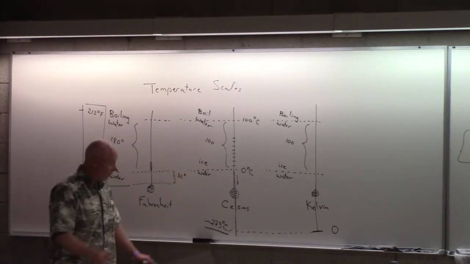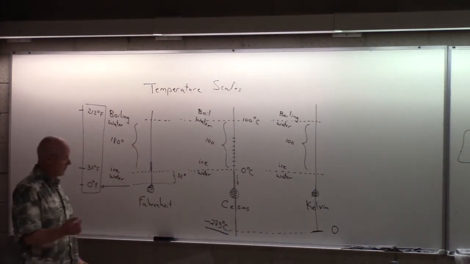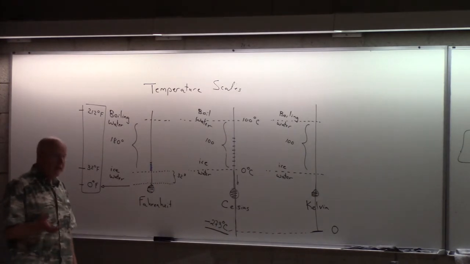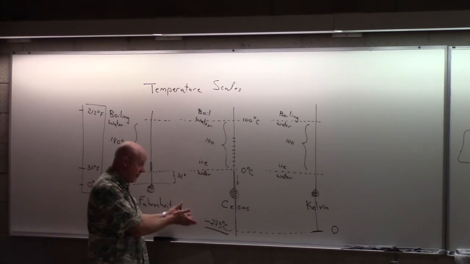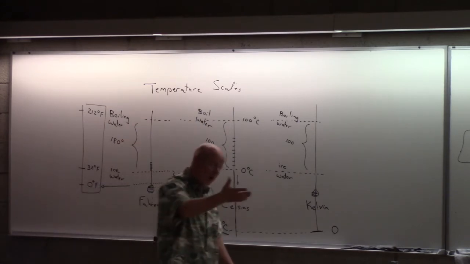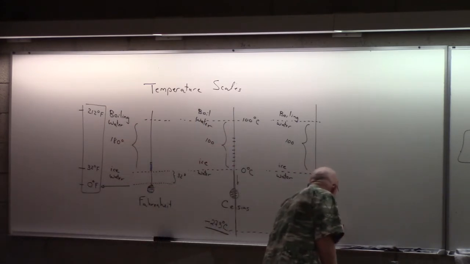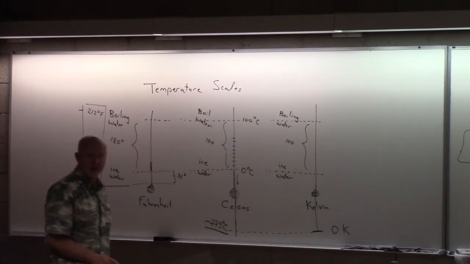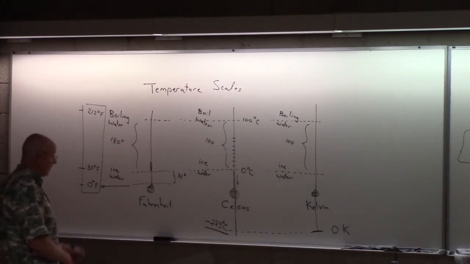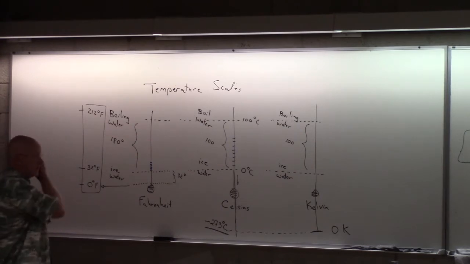And so that's what we refer to as absolute 0. Meaning, you can say it's negative 273 on the Celsius scale, or you could say 0 Kelvin. Again, notice I didn't say degrees. So 0 Kelvin corresponds with negative 273.